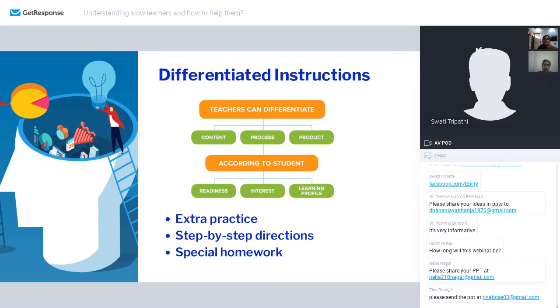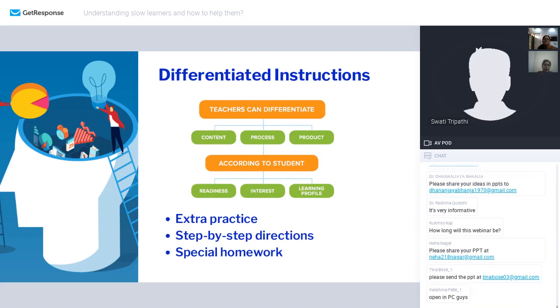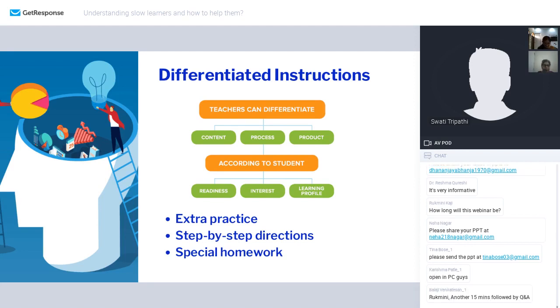Depending upon these observations, the teacher concentrates on modifying or differentiating the learning into what the content is to be learned, how it is to be taught, and how the learning is to take place, how it will be observed, or how it will be evaluated.